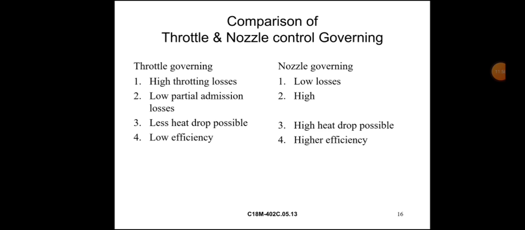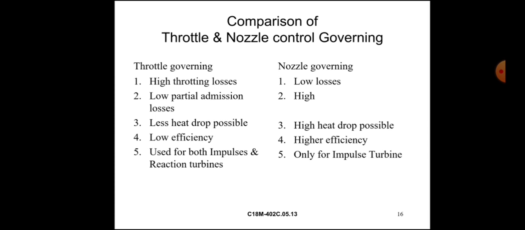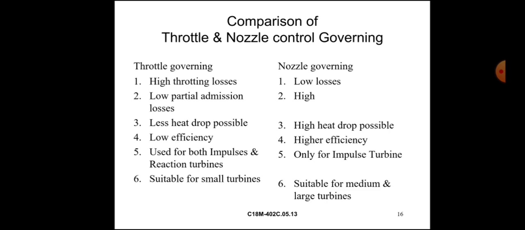Throttle governing is used for both impulse and reaction turbines; nozzle governing is only for impulse turbines. Throttle governing is suitable for small turbines; nozzle governing is suitable for medium and large turbines.